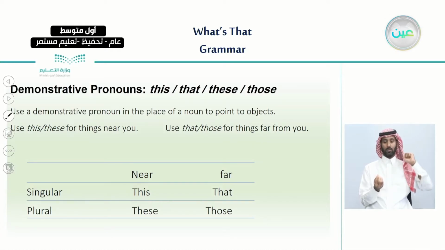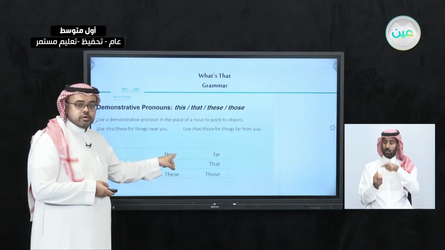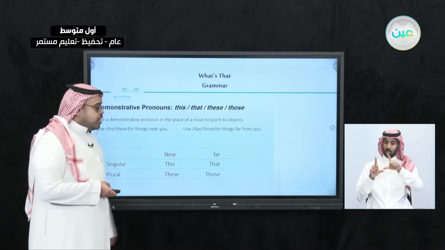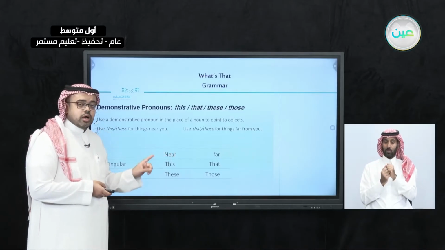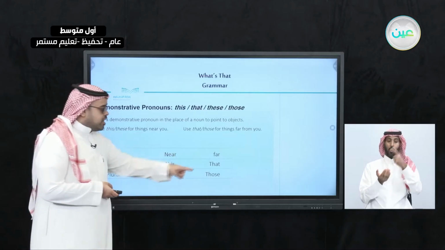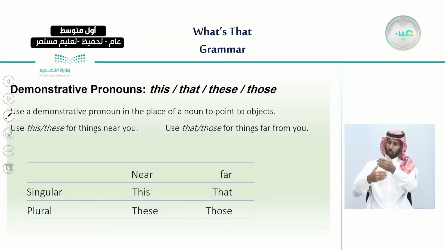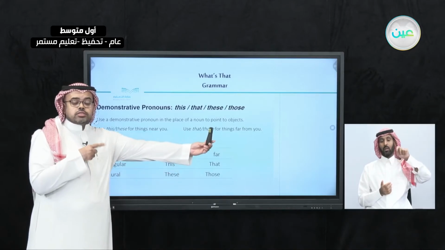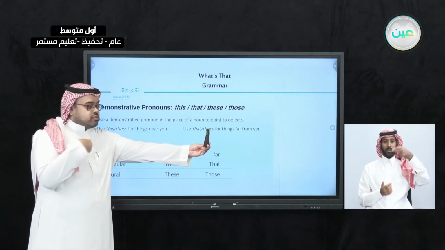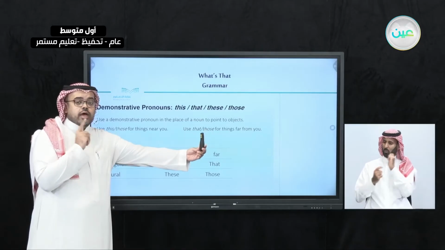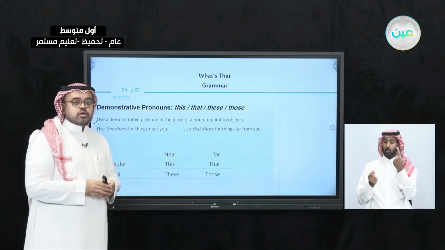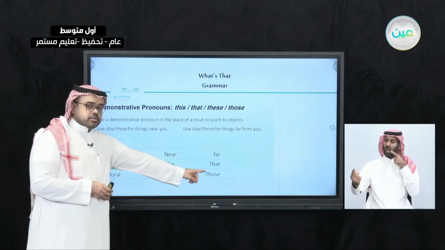For example, this is a screen. It's very near. And if we have a singular object, it means one object and it's very far, then we can use that. For example, that is a pointer, so it's not near me, it is far. And since it's only one object, we would use that.